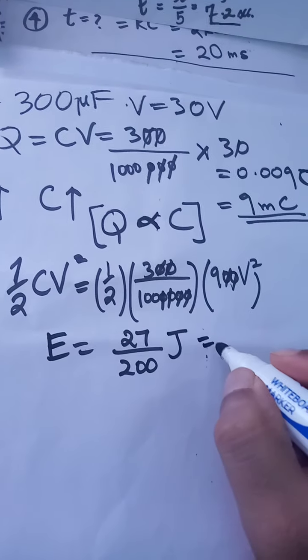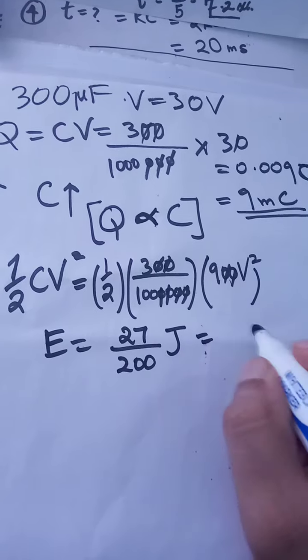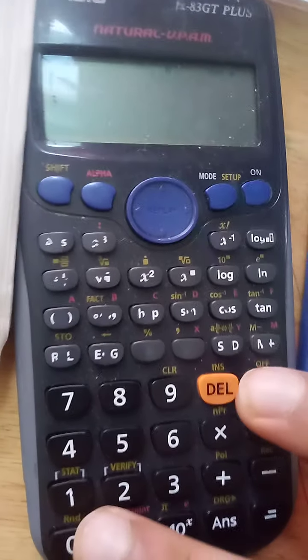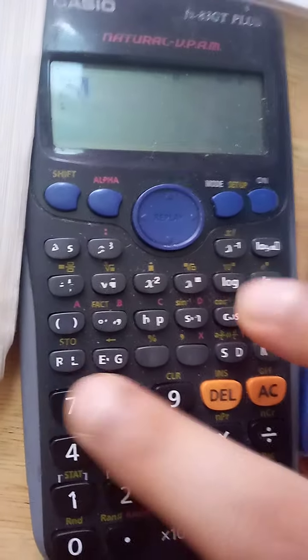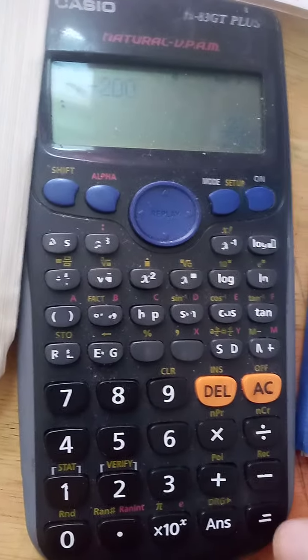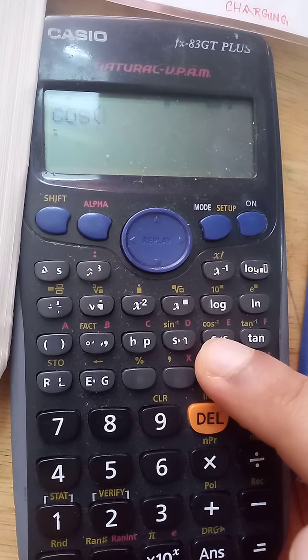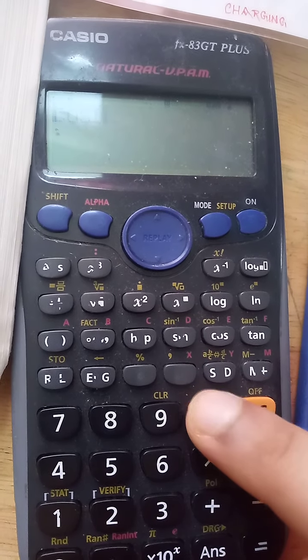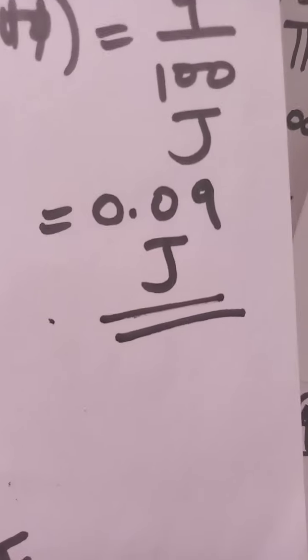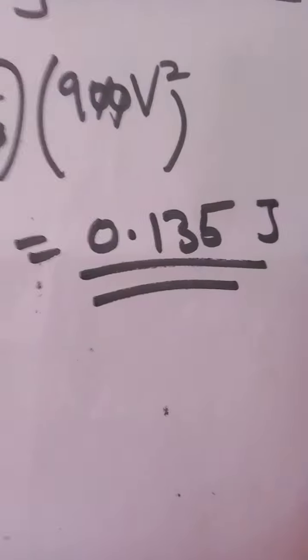That would be, I think, 0.54 or 0.135. Let me double check. Yeah, 0.135 joules. So you can see that it was 0.09 joules, and now it's 0.135.